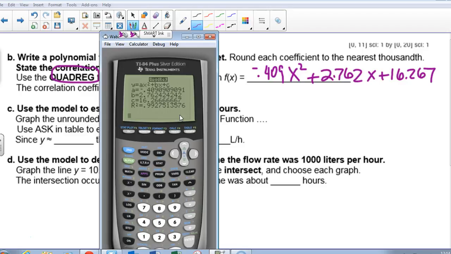Try the quadratic regression. Did everybody else get mine?